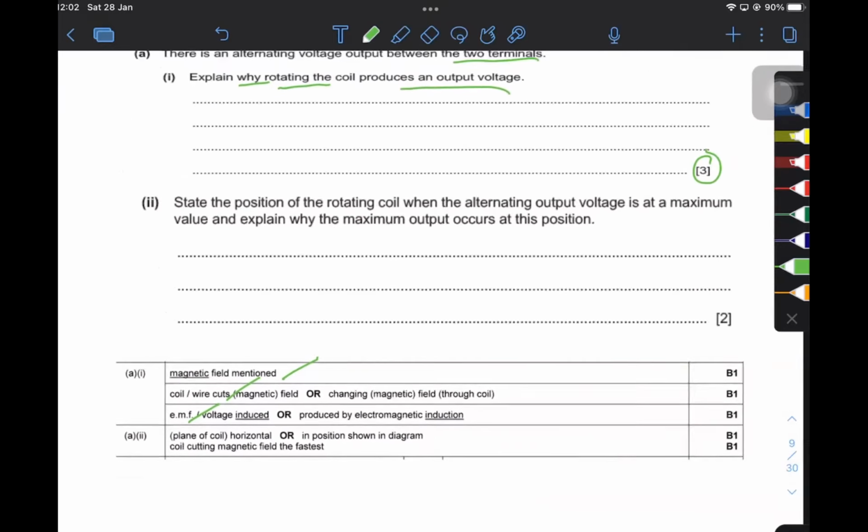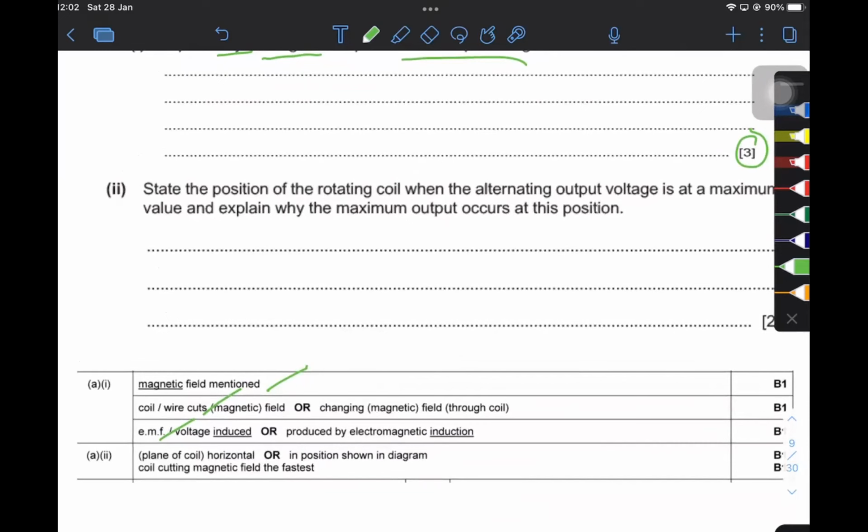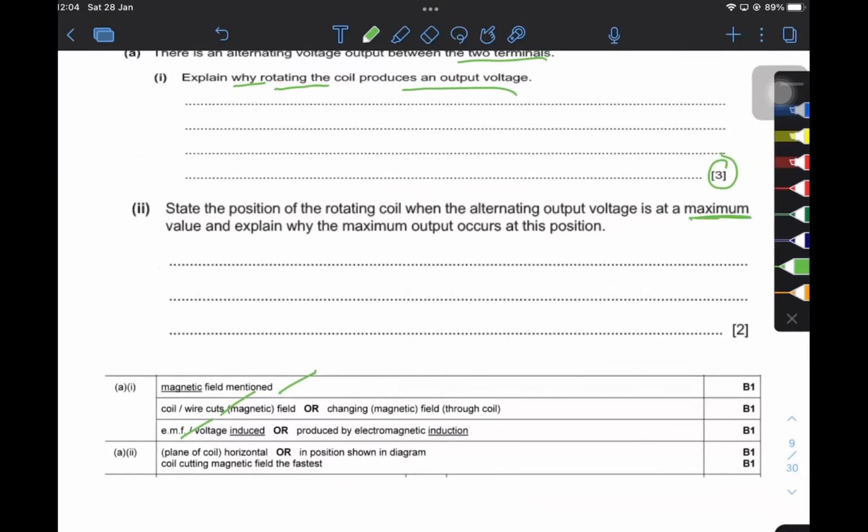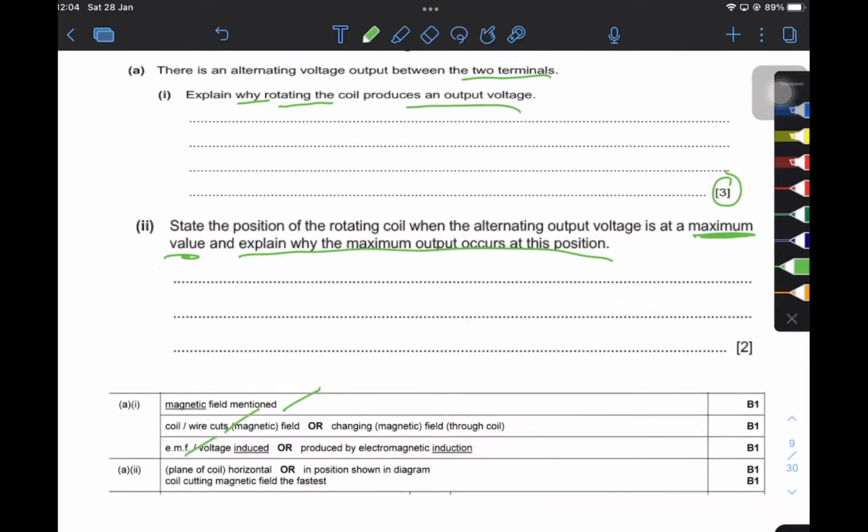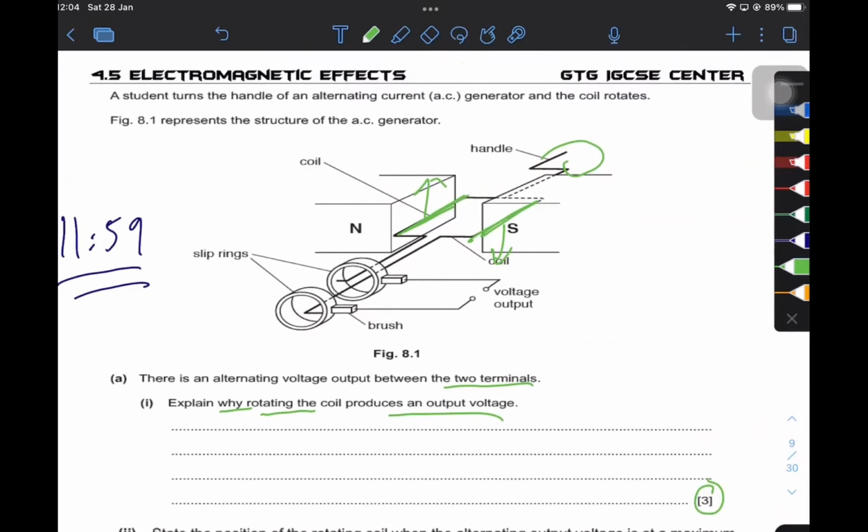Then the next part here, what do they want? State the position of the coil when the alternating output is at maximum value and explain why the maximum output occurs here. So looking at this right now, will this be maximum or minimum? Why? Good.